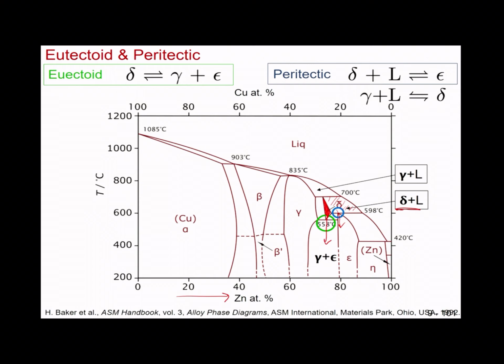So as you can see, phase diagrams can be complex, but the lever rule will take you far. We're not going to go into great detail regarding peritectic phase diagrams or the peritectic reaction itself, but you should know that it exists.